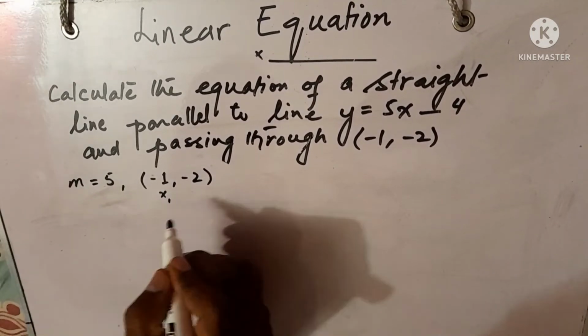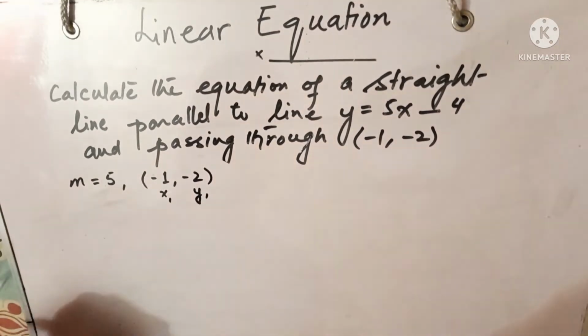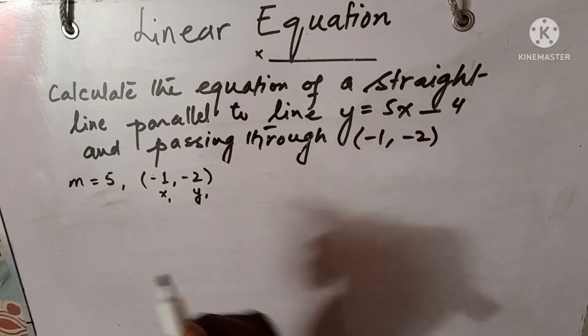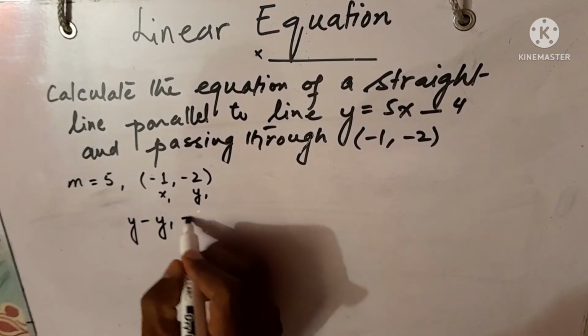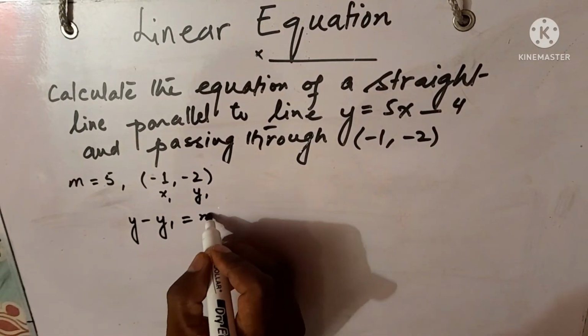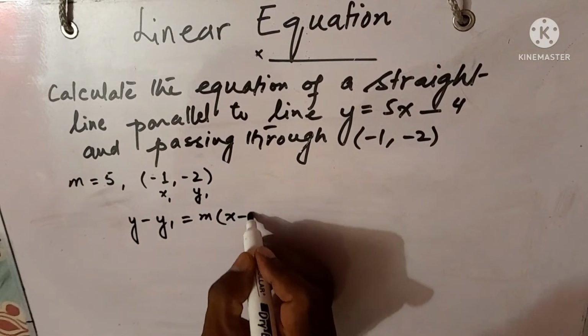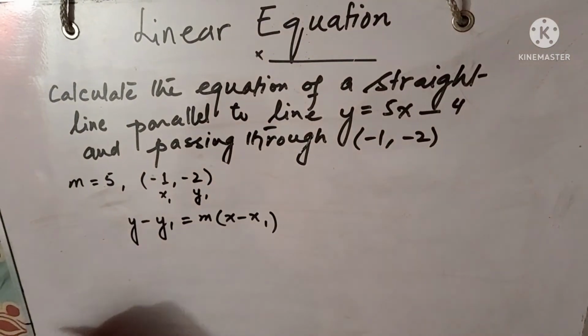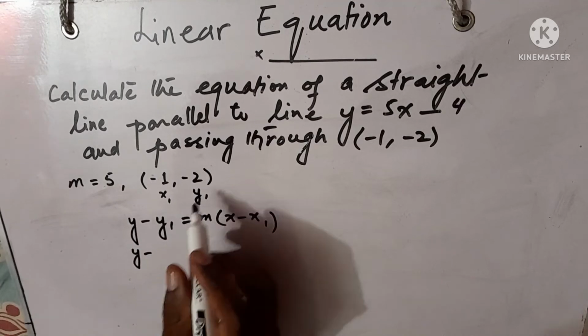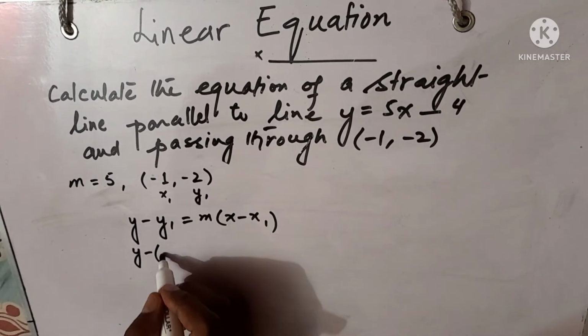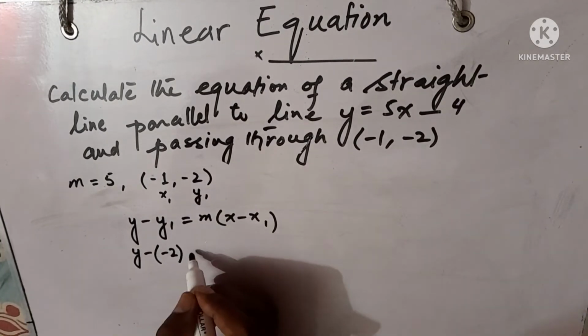So this is my x1, this is my y1. I will be using the equation y - y1 = m(x - x1). Let's substitute the values. y minus my y1 value, which is negative 2, that I will write here.